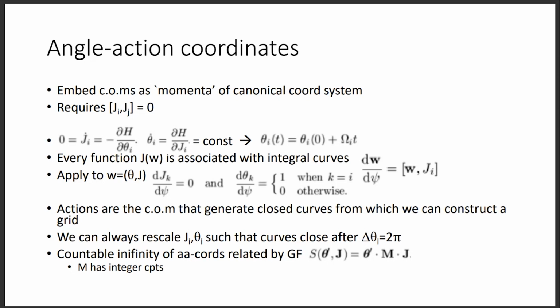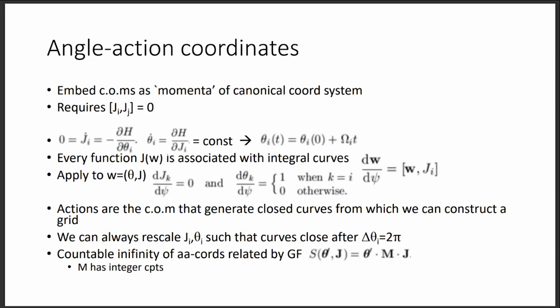There's a countable infinity of angle action coordinates. I told you they were aristocrats, but not unique. But they're all related to each other by a generating function of this type. So this is a generating function which depends on a new coordinate. Remember, generating functions for canonical transformations always depend on some new thing and some old thing.